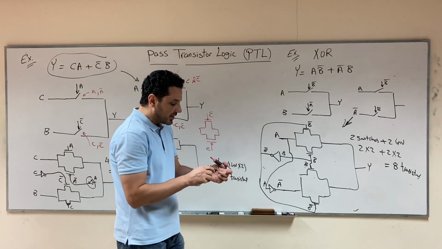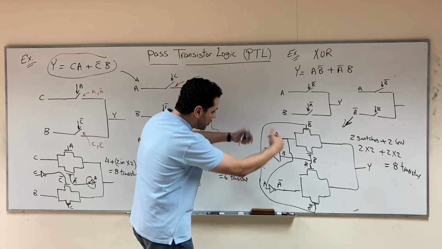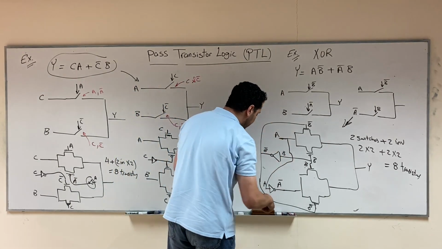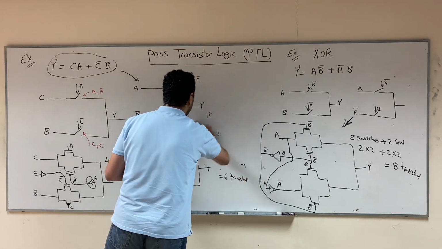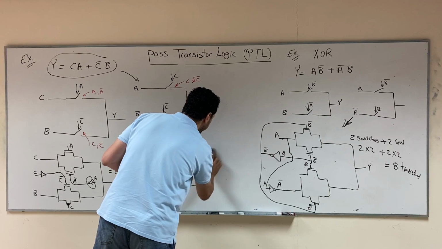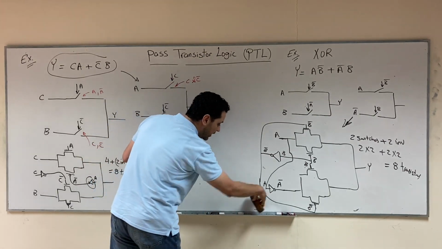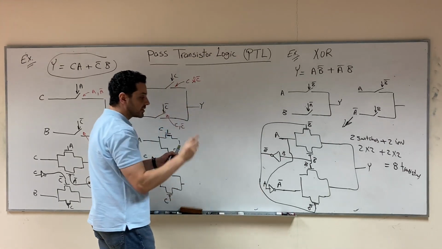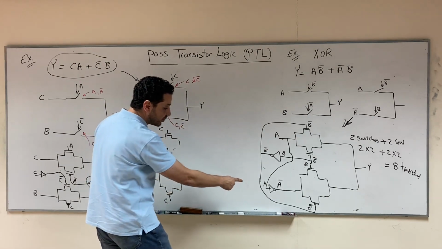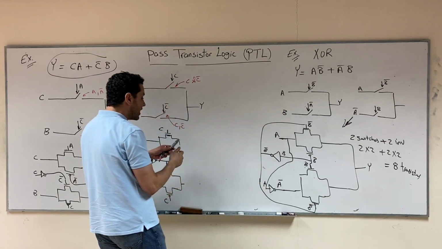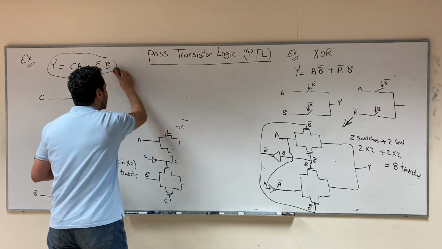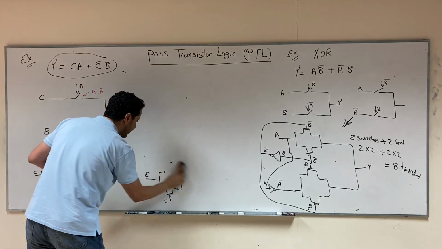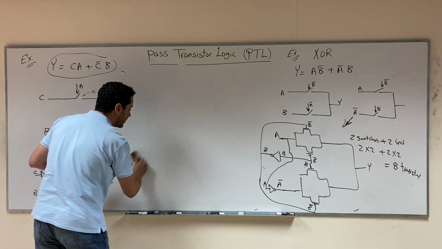However, when you plot it in the exam or in a quiz, you don't have to make all the connections like this. You can just plot it in an easy way. You don't have even to plot the inverters in details, like you don't have to plot the transistors inside the inverters. All what you need to do is just plot it in a simple way, but you take care when you count the transistors.